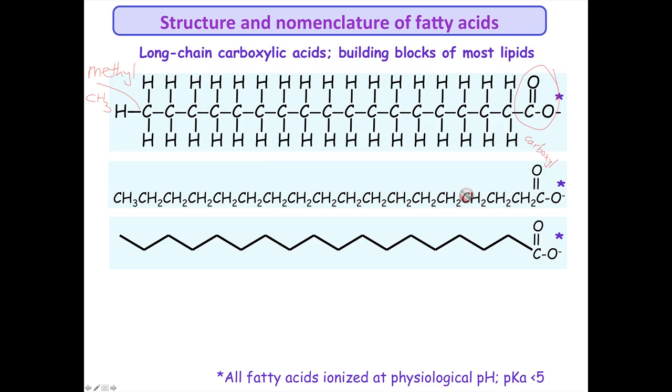Or you could do an even more shorthand version. Every point here would represent a carbon atom bonded to two hydrogens. So each point here represents a CH2.